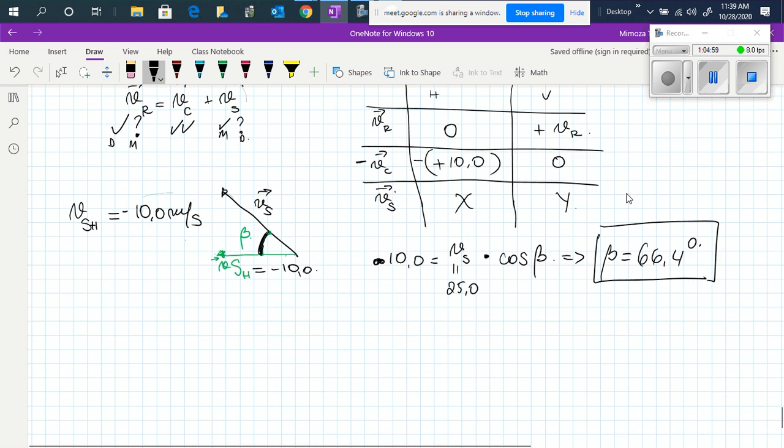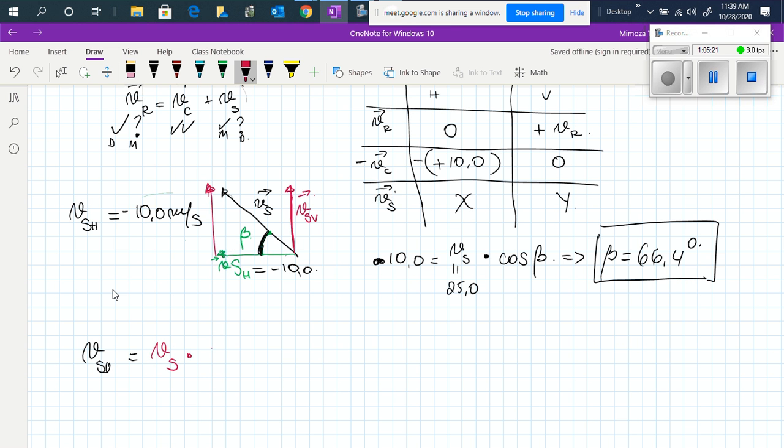And now we know what is the y, because the vertical component will be this vector here, the vertical component of the swimmer, and it will be the velocity of the swimmer times sine of angle beta that we just found.